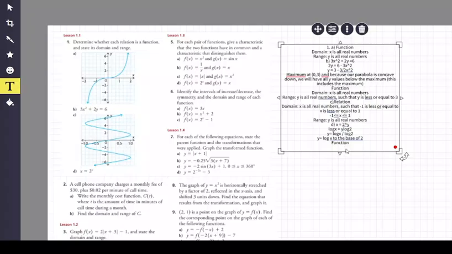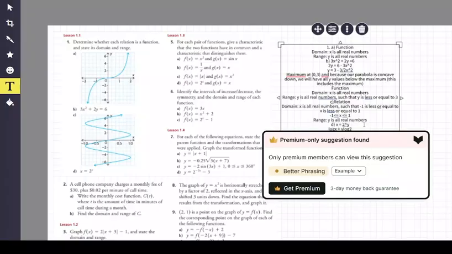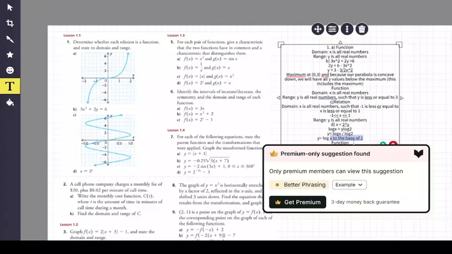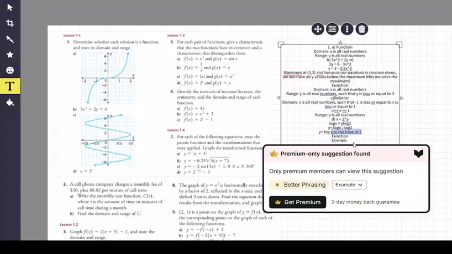Now, the important part is the domain of the logarithmic function. Because we don't have any translations, of course, we will have every value that is greater than 0. So x is all real numbers such that x is greater than 0.